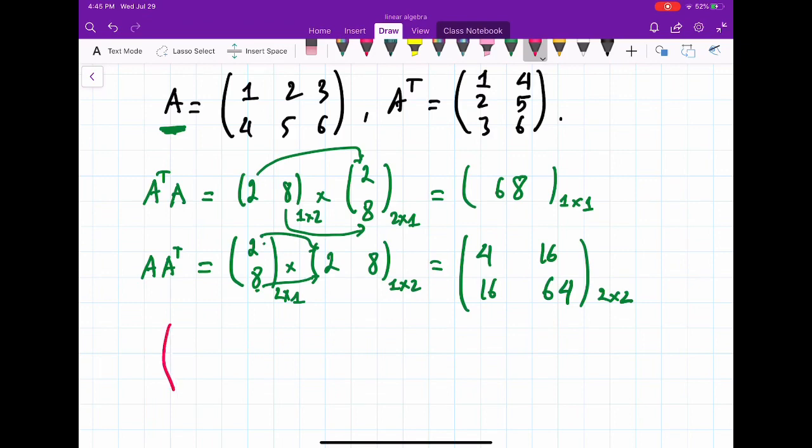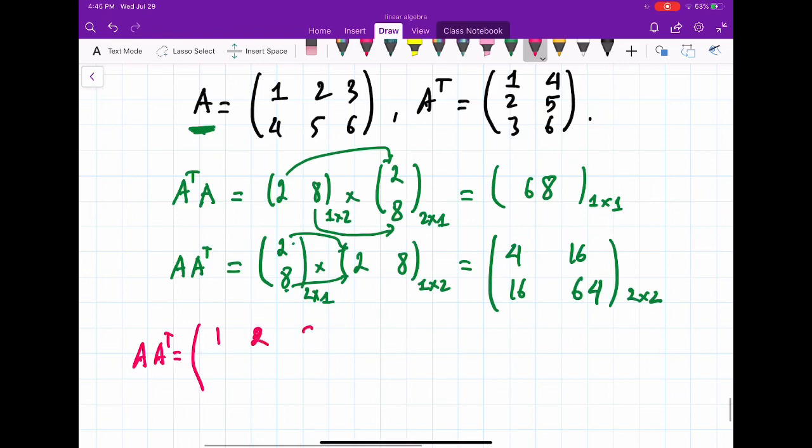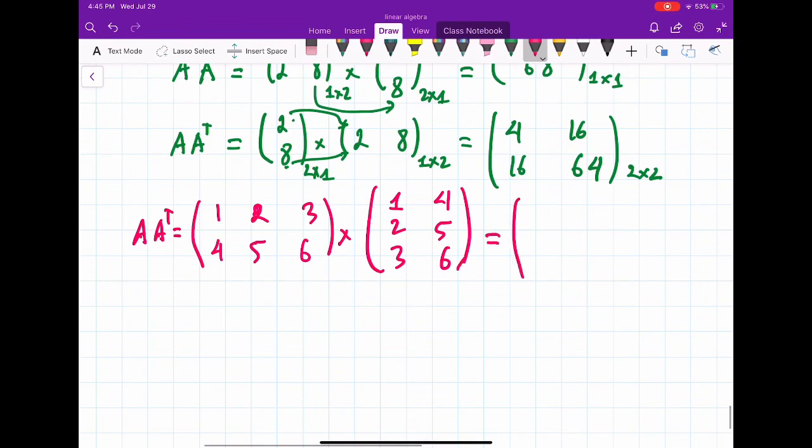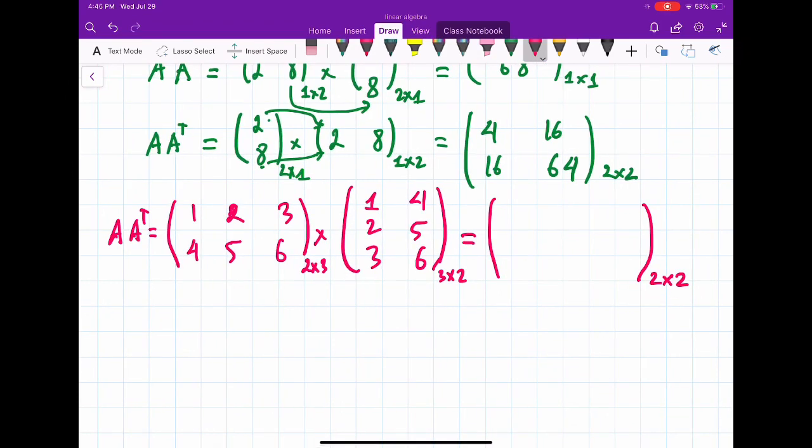So let's find A A transpose equal to [1, 2, 3; 4, 5, 6] times its transpose. Okay, let's write that. So this is 2 by 3 and 3 by 2. My matrix is 2 by 2 at the end. 1, 2, 3. So I will have 14 here. The next one, this row with this column, I have 1 times 4 plus 2 times 5 plus 3 times 6.